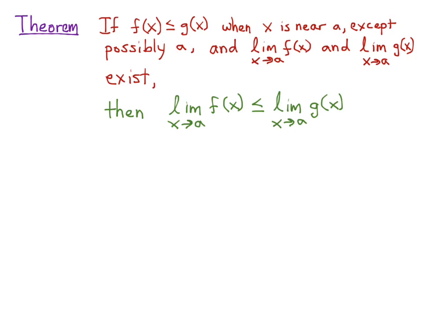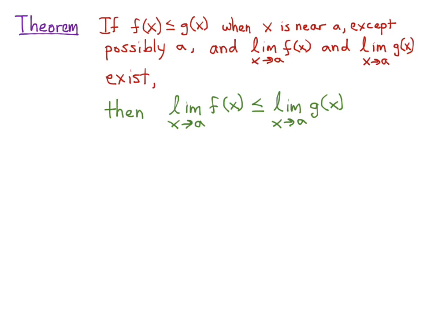Here's another theorem. If my function f is always less than another function g when x is near a, except possibly at a, and those two limits exist, then the limits have to have the same relationship, where the limit of f is going to be less than or equal to the limit of g as x approaches a.